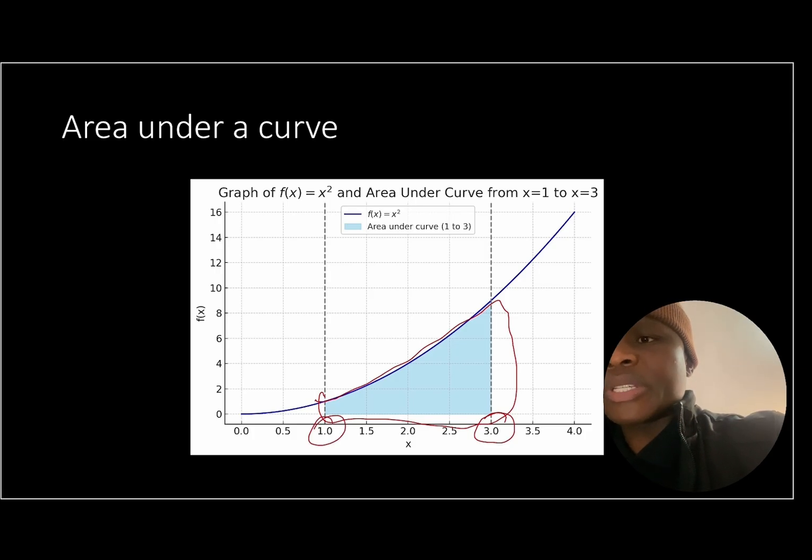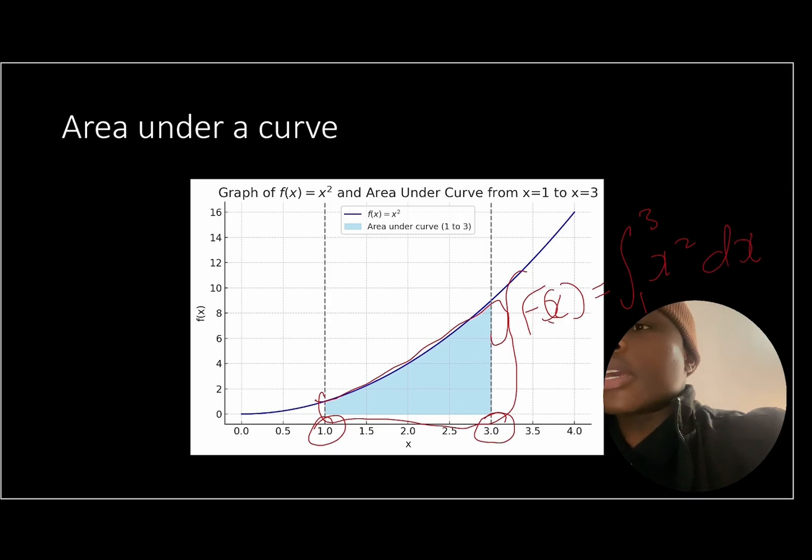How are we going to calculate the area under the curve? We're going to use integration. The integral of f of x is the integral from 1 to 3 of x to the power 2 dx. This is the expression that we're going to use to calculate the area under a curve.